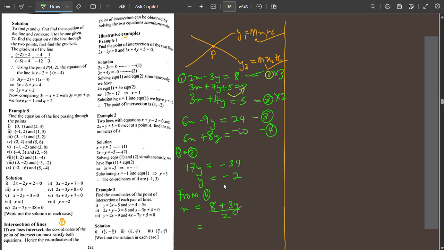Now I have to substitute this y value that I have in here. So 8 plus 3y, but y is 2, so let's put 2 in there. So 8 plus 6, wait, y is minus 2. So 8, this is minus 2.